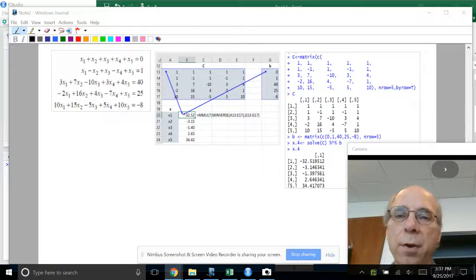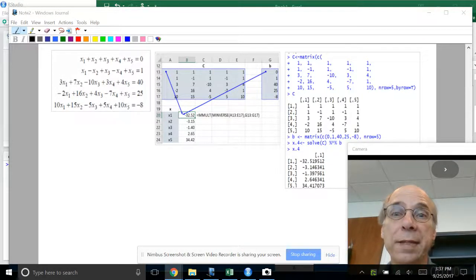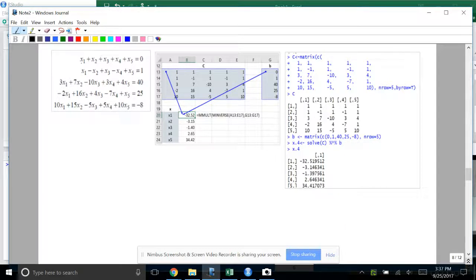Okay, the nice part about using Excel or MATLAB or R is when things get big. So this nasty equation over here, this 5 by 5 covariance matrix. We have the coefficients multiplying the x's right here, the 1, the 1, the 1, and the coefficients for the first row there.